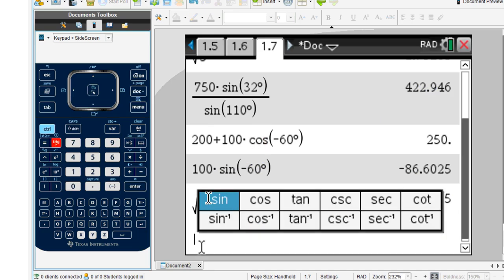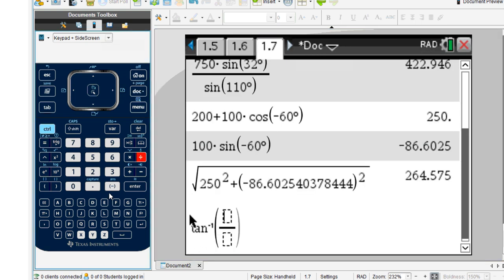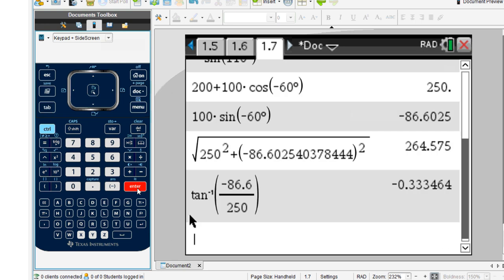We have inverse tangent of negative 86.6 over 250, and I know we're in radians. To convert to degrees, we multiply by 180 over pi.